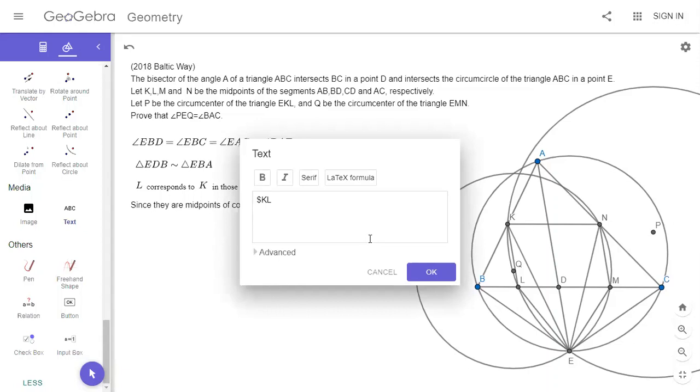KL is parallel to AE, since it is a mid-segment.